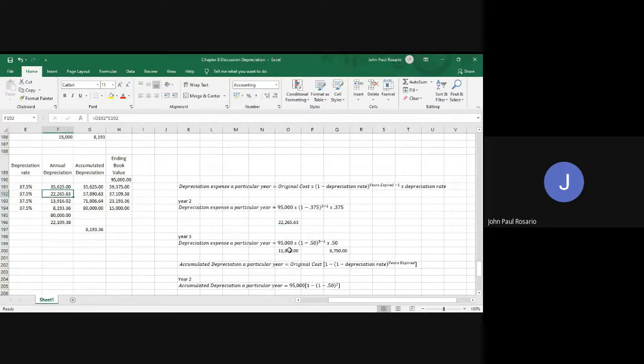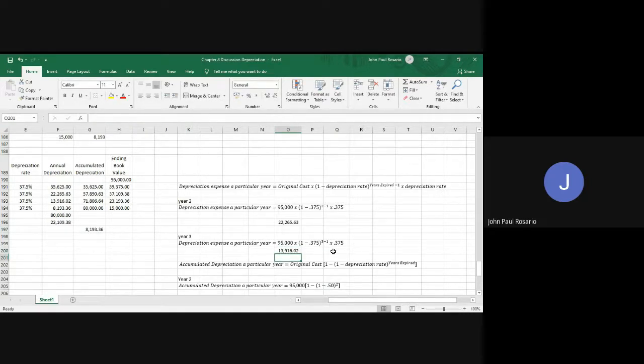Well, on year 3, no need to adjust because 37.5. So, paabot diri, 37.5 and 37.5.